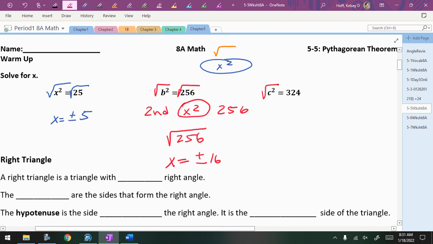Okay, now let's do c squared, the very last problem. Take the square root of it on your own without saying the answer out loud. Practice typing this in your calculator because when it comes to your homework and your quiz, Ms. Hoff and Mr. Brees can't tell you how to type it in your calculator. So everybody type in the square root of 324 and write down what you get.